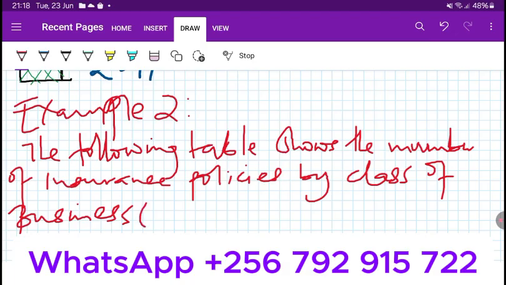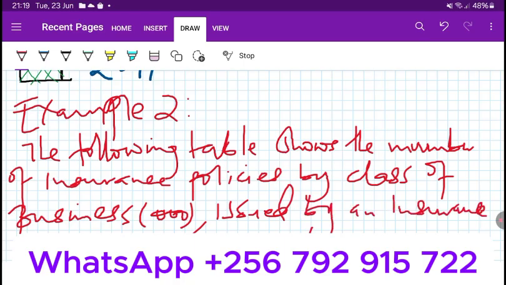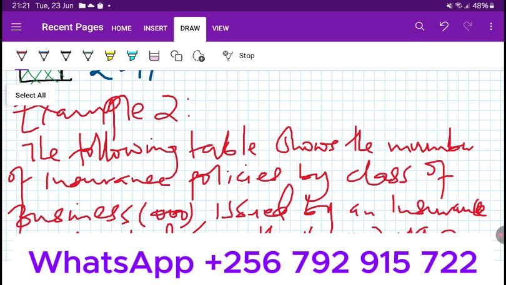The numbers are in thousands, so just put the bracket, comma, issued by an insurance company during the years 2009 to 2013.